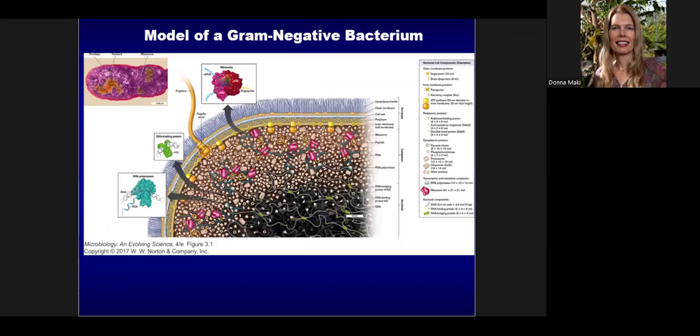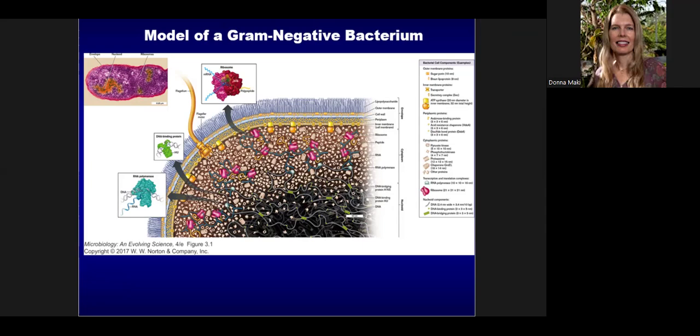So I like this picture because it's trying to get across that even though microbes are tiny, tiny, tiny things, they are doing so much on a minute by minute basis. They are chock full of proteins and enzymes, DNA, plasmid, and then their cell membrane as well is chock full of proteins and so much going on.